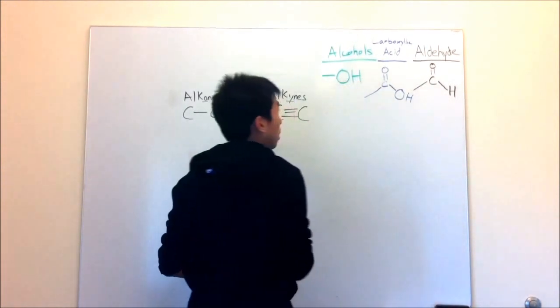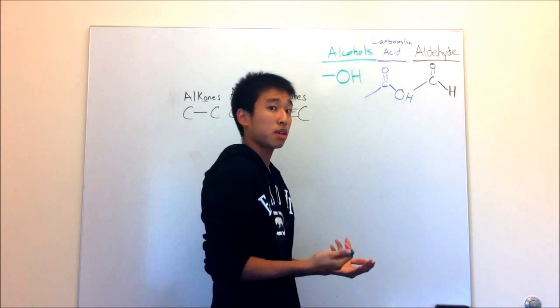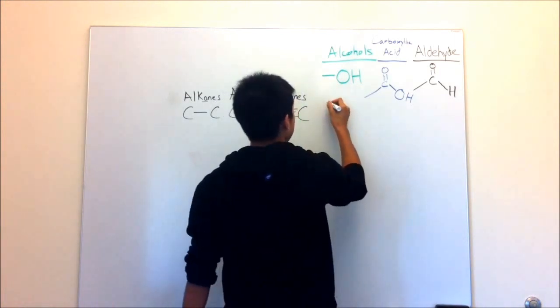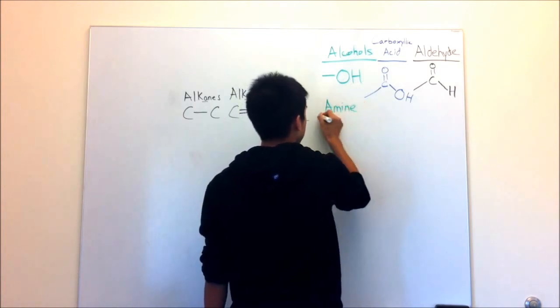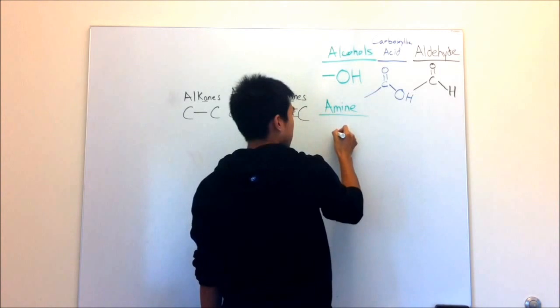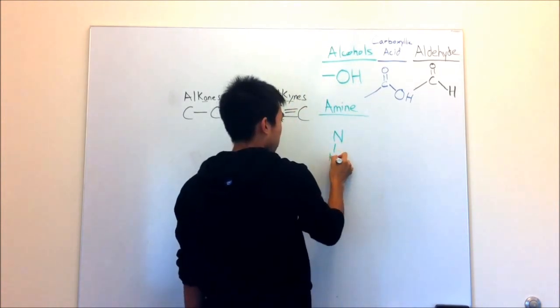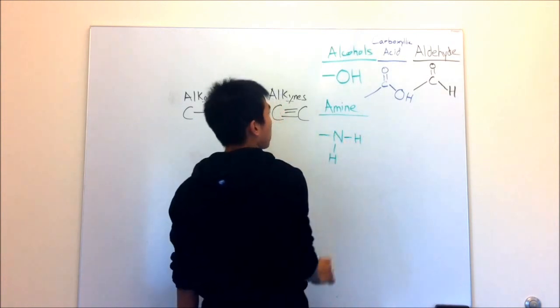Now, to go more complicated, the next two that a lot of people get confused are amines and amides. I'm going to show you the amine first. The amine functional group is essentially just a nitrogen with a hydrogen, another hydrogen, and a carbon chain here.